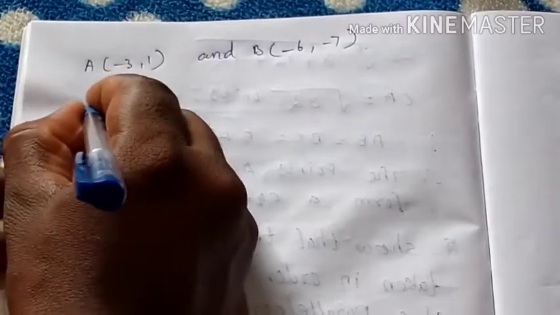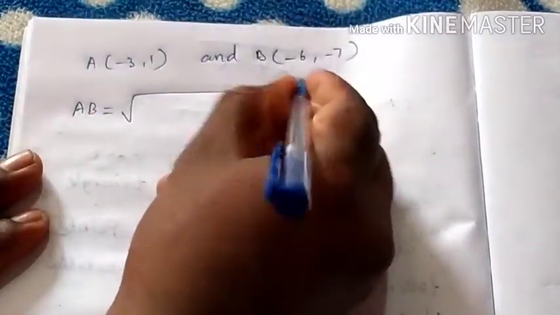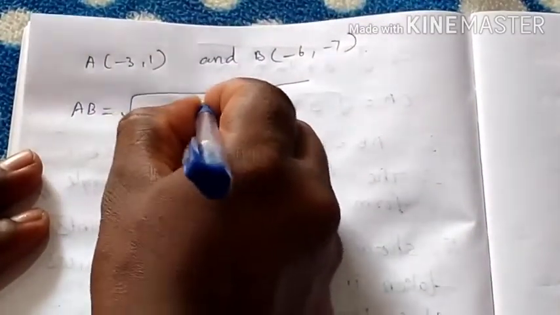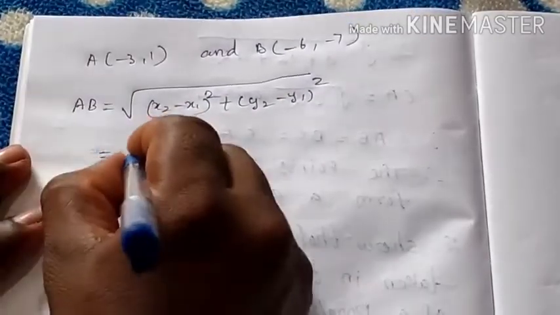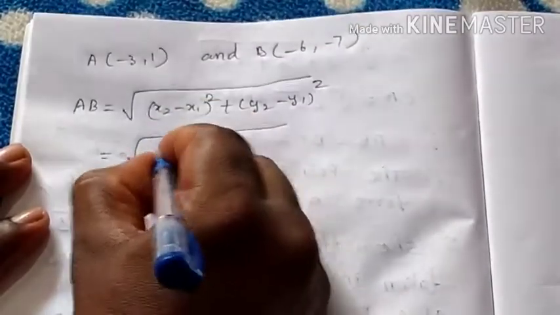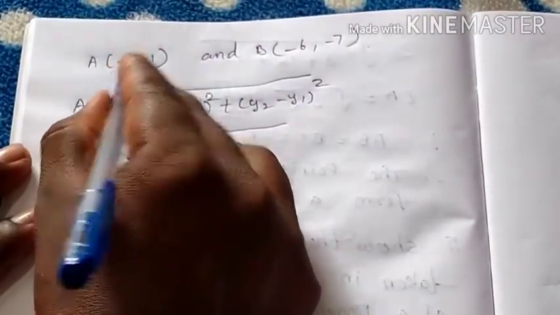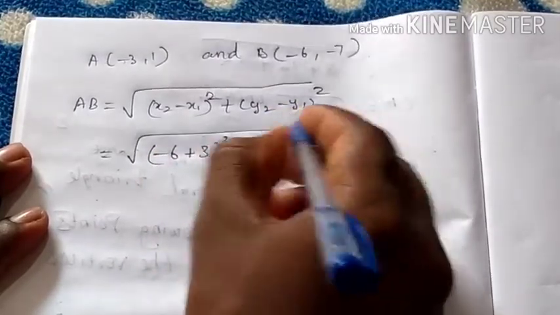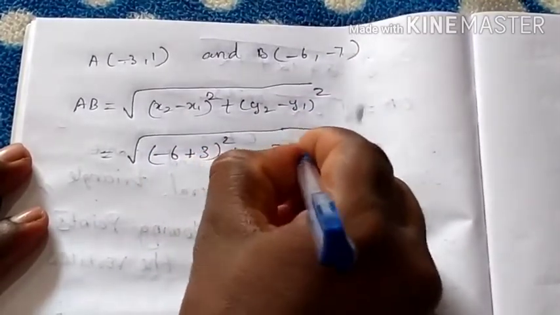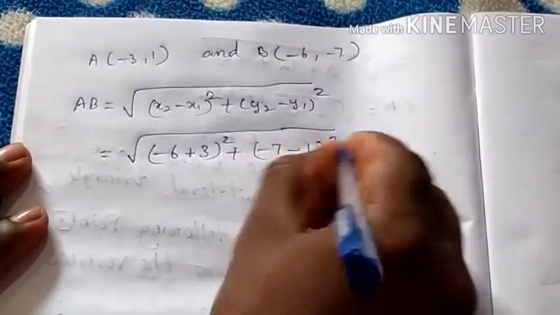AB is equal to the square root of, formula is x2 minus x1 the whole square plus y2 minus y1 the whole square, which is equal to the square root of x2 value is minus 6 minus x1 value is minus 3, so minus of minus plus 3 the whole square plus y2 value is minus 7 minus y1 value is 1 the whole square.